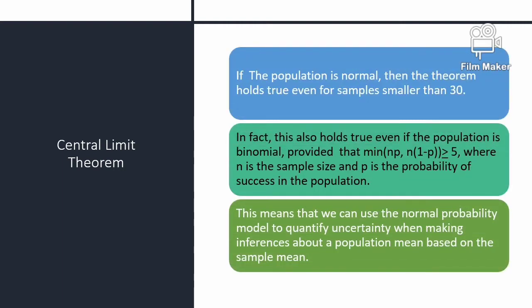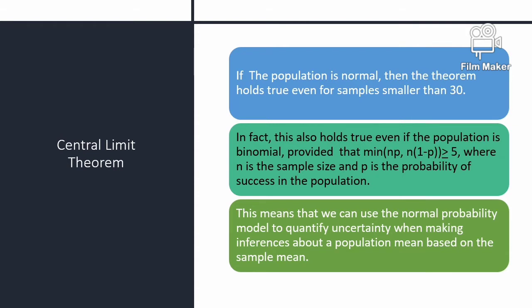Central limit theorem. If the population is normal, then the theorem holds true even for samples smaller than 30.